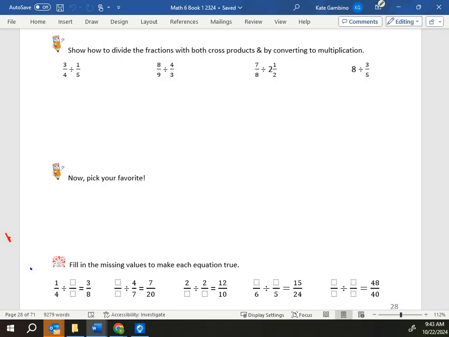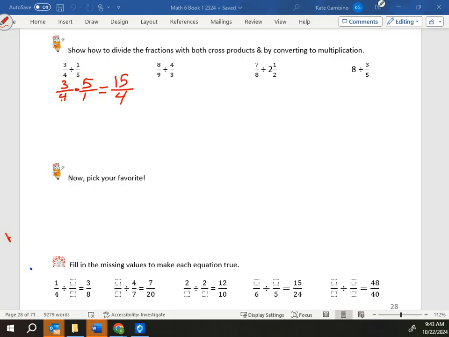3/4 divided by 1/5. If I convert that to multiplication, what is that going to look like? Adeline. 3/4 times 5. And then if I multiply across now, 3 times 5 is 15. 4 times 1 is 4.